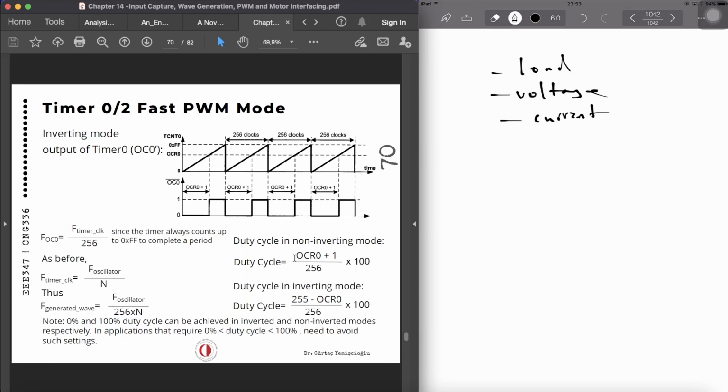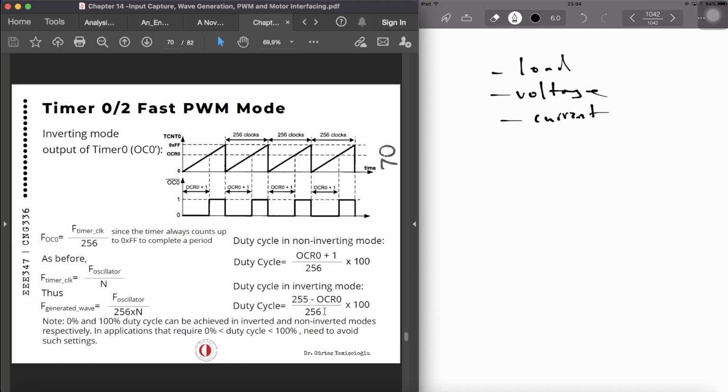So in order to find the duty cycle in non-inverting mode, we just need to use OCR plus 1 divided by 256 times 100, and in inverting mode, it's 255 minus the OCR0 value divided by 256.